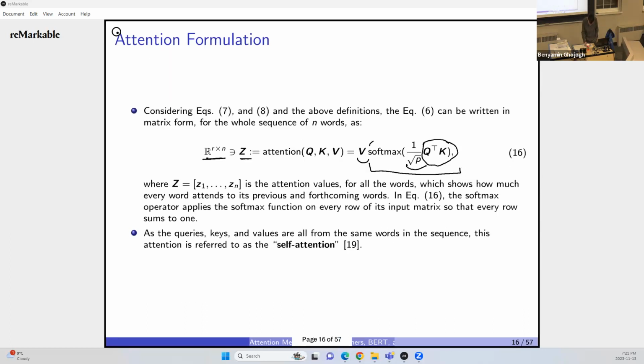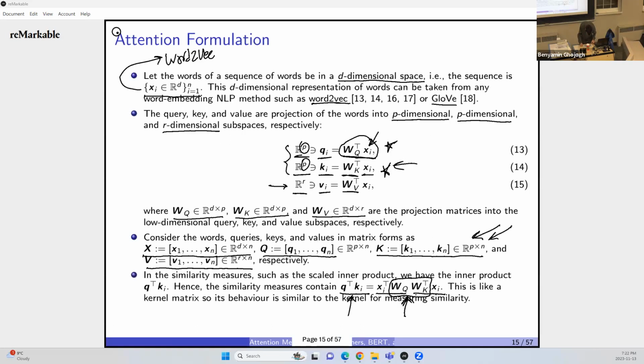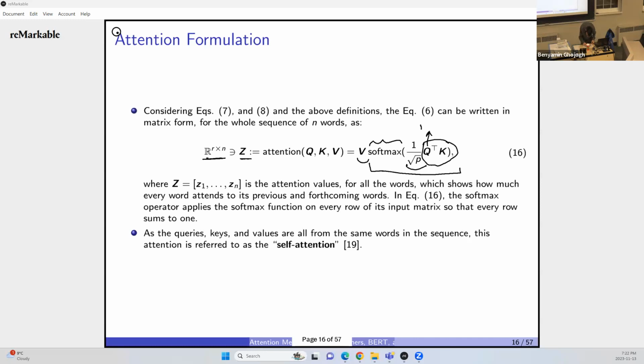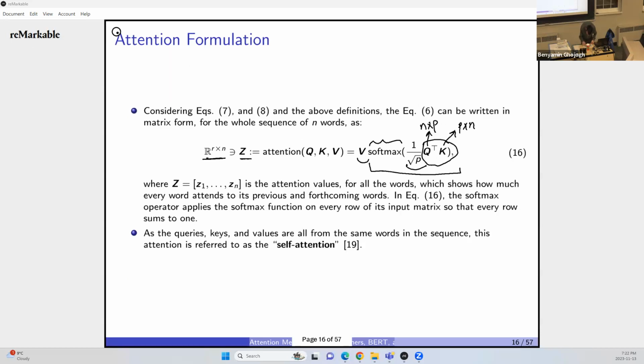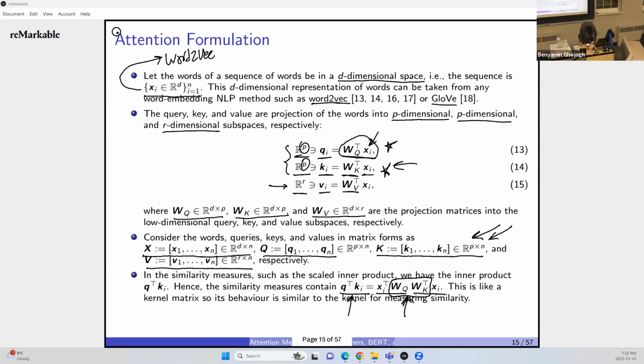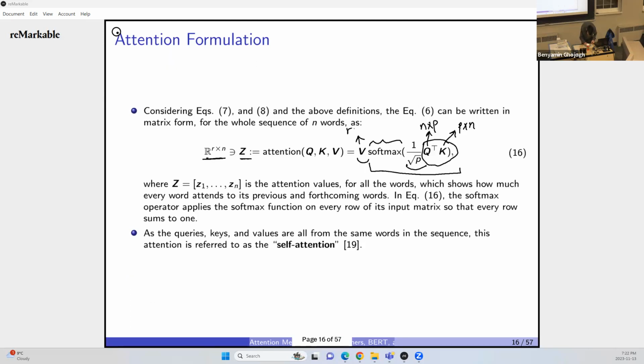By the way, this softmax is applied element-wise. What do I mean? So let me see. Q is P by N. So Q transpose is N by P. K is P by N. So the whole thing is N by N inside the softmax. V, let me remember, V is R by N. I guess, yes, softmax applies on every row of its input.